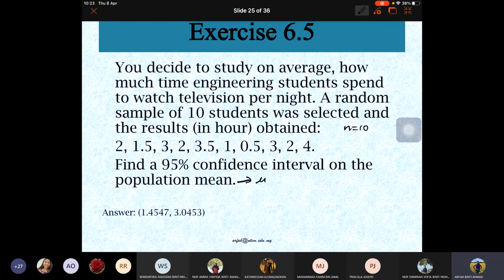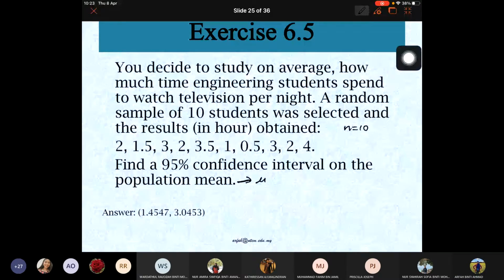Okay, is sigma given? So which case is this? Case 1, case 2, case 3, case 4. Which case is this one? Case 2? Wrong. Anyone else?